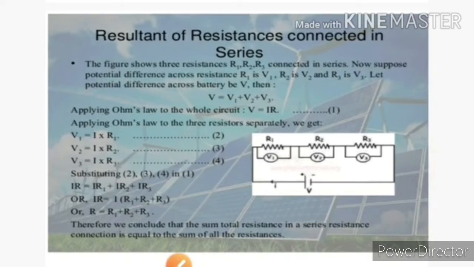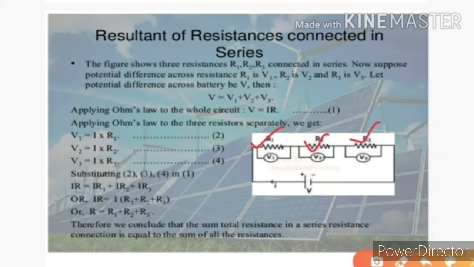Now the derivation for the resultant of resistances connected in series. This figure shows three resistances R1, R2 and R3 which are connected in series, end to end consecutively.